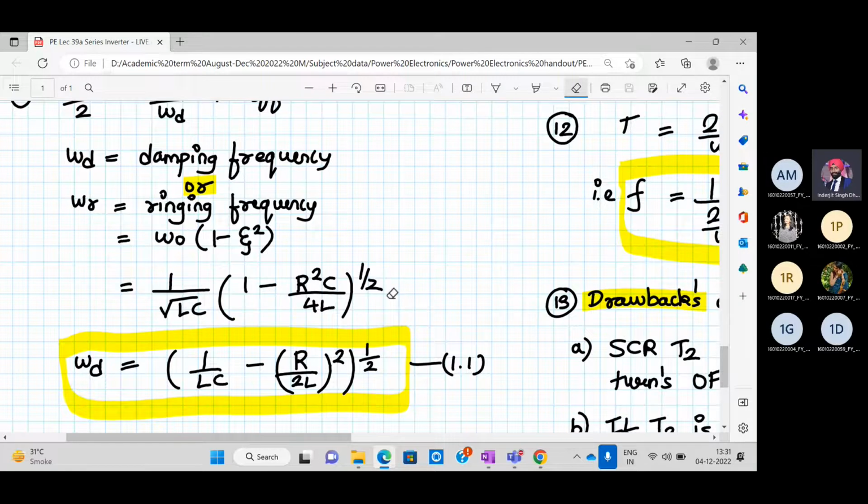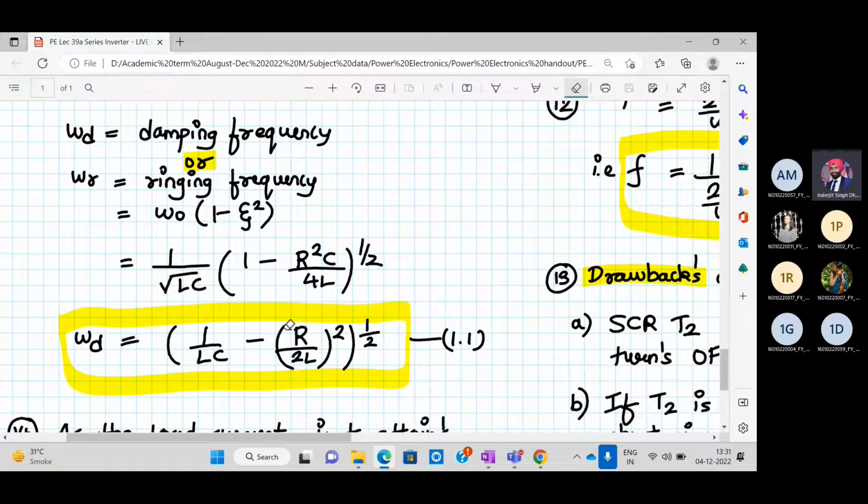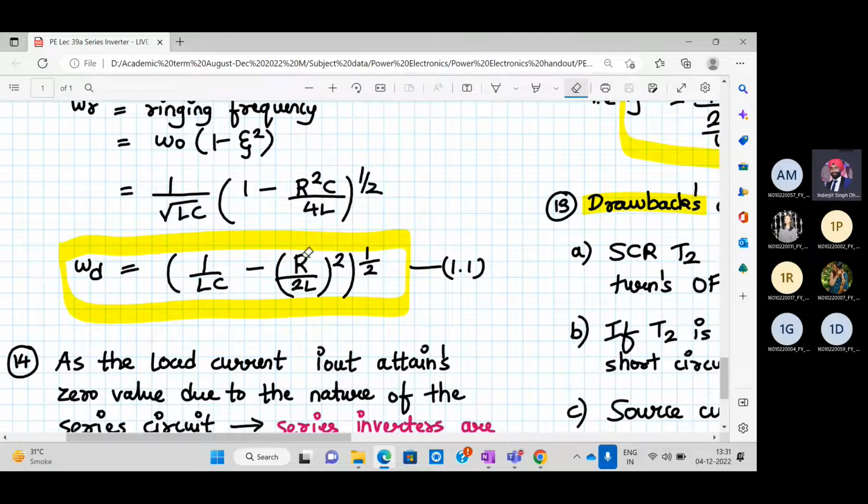So omega d or omega r, that is damping frequency or ringing frequency, are one and the same. It's given by the formula (1 upon LC minus (R upon 2L) the whole square) raised to half.